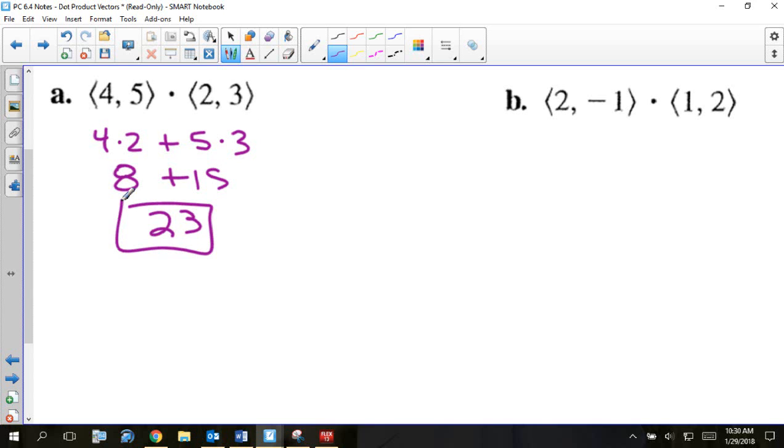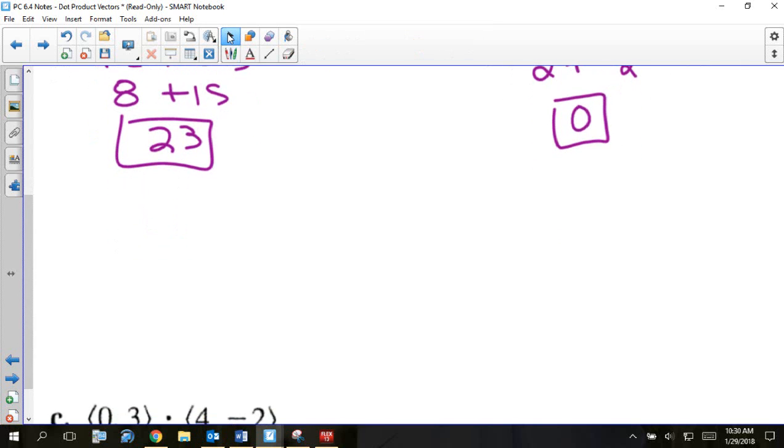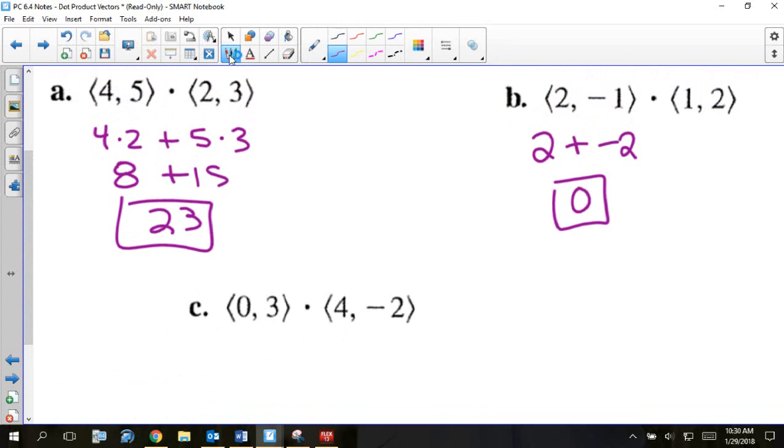This one here, if I multiply my x's together plus multiply my y's together, I get 0. And then the third one, 0 times 4 plus 3 times -12.